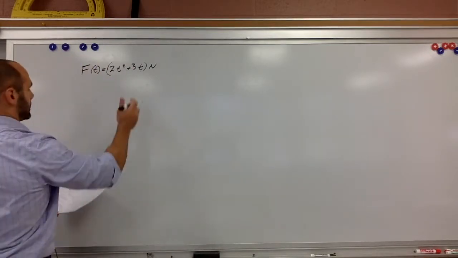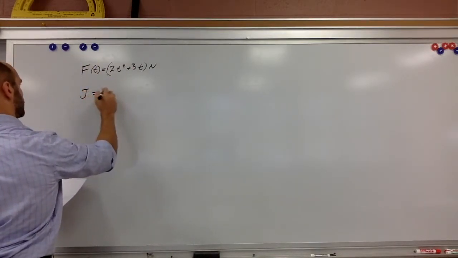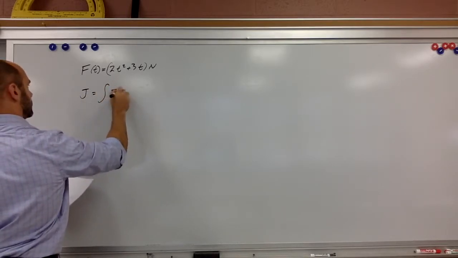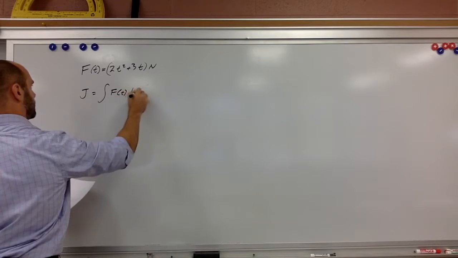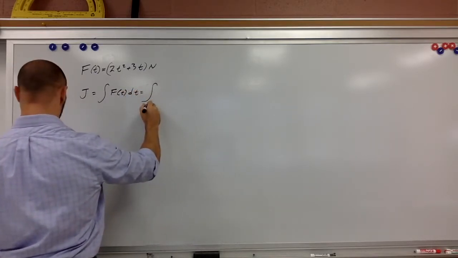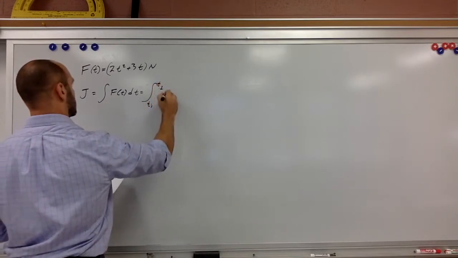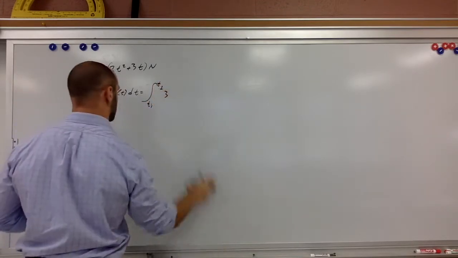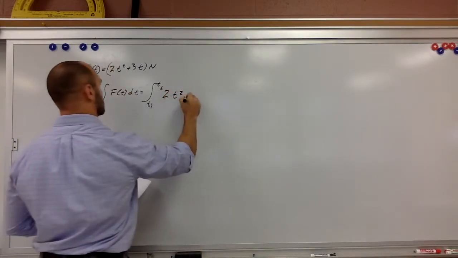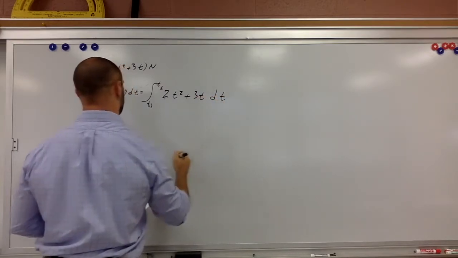And here we're using calculus. And so the impulse, as we saw before, is the time integral of the force function. And so this is going to be from Ti to Tf of 2t squared plus 3t dt.